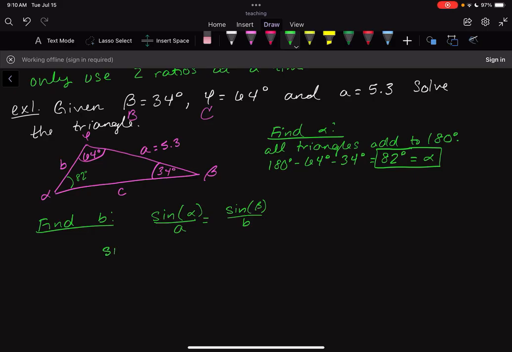So I get sine 82 degrees over 5.3 is equal to sine 34 degrees over side B.